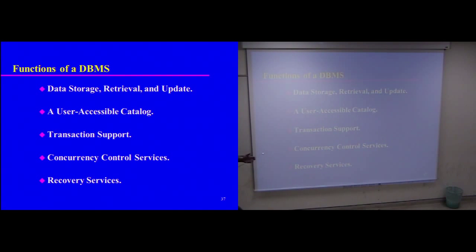This is done by the DBMS. The programmer doesn't have to do anything for this. The rollback is done automatically. All the programmer needs to tell the DBMS is this is a transaction. Starts here, ends here, and that's it. So it makes the programmer's life easier. He doesn't have to do lots of work.